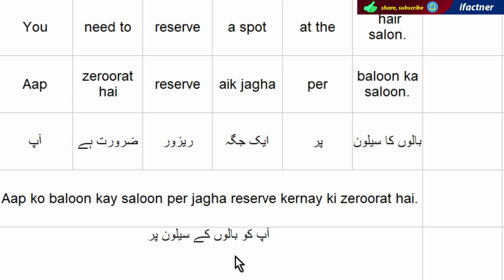So we will not write एक जगह. Usually in Urdu we say आपको बालों के सैलून पर रिजर्व करने की ज़रूरत है. Reserve can be written as re ye ze vav re, reserve. करने kaf re noon bari ye, करने. ज़रूरत is zwad re vav re te, and है is he bari ye, है.